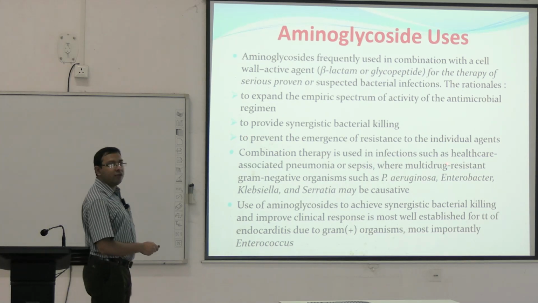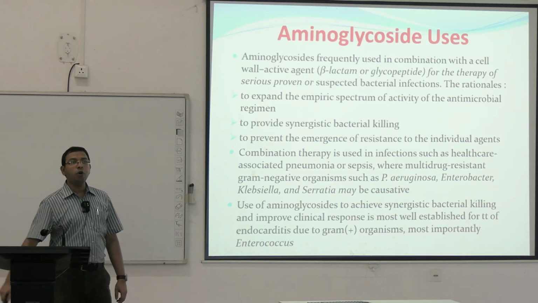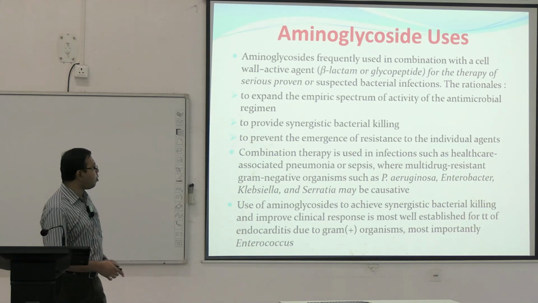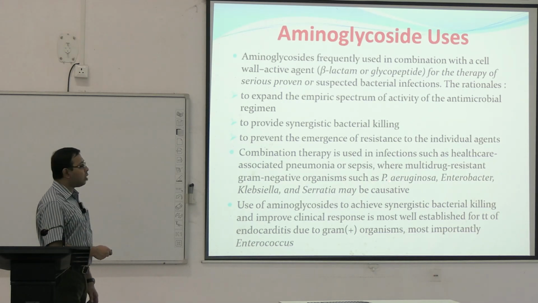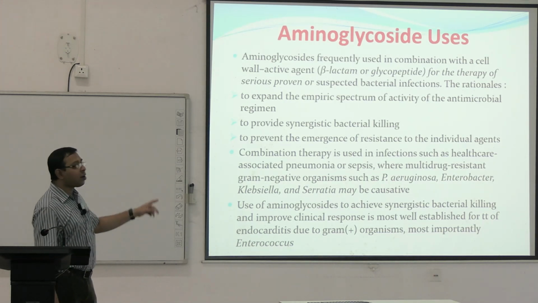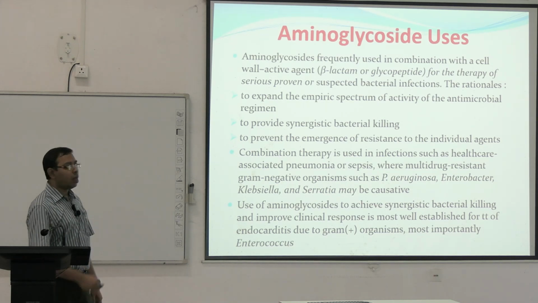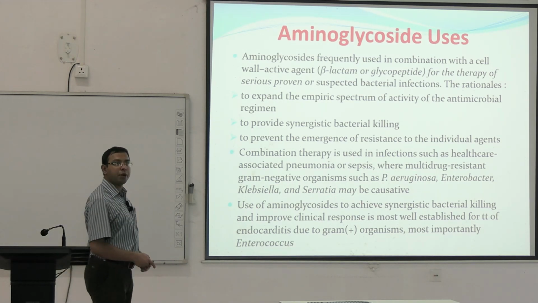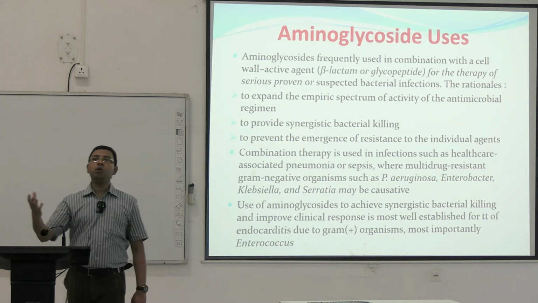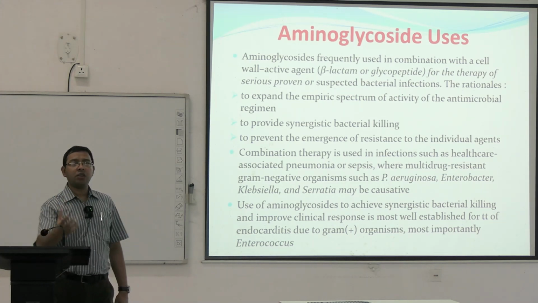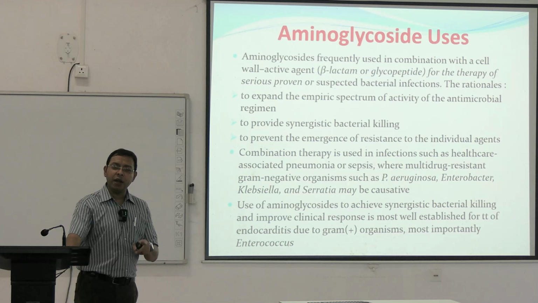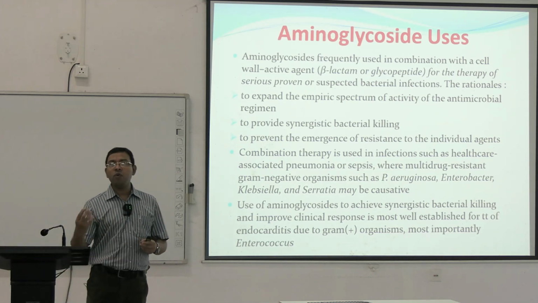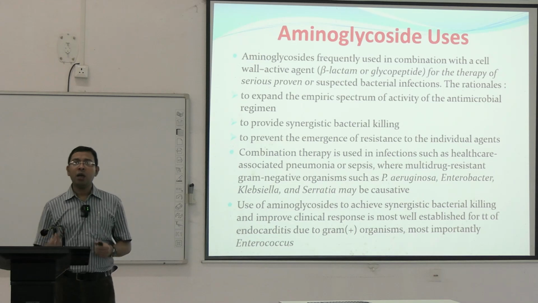Combination therapy is used in infections such as healthcare associated pneumonia, hospital acquired pneumonia, a very common cause of morbidity and mortality, and sepsis or septicemia, where multi-drug resistant gram-negative organisms like Pseudomonas aeruginosa, Enterobacter, Klebsiella, Serratia may be causative. So whenever you go to the ICU, or see patients who are on a ventilator, there are severe respiratory infections or severe urinary tract infections that become septicemia.